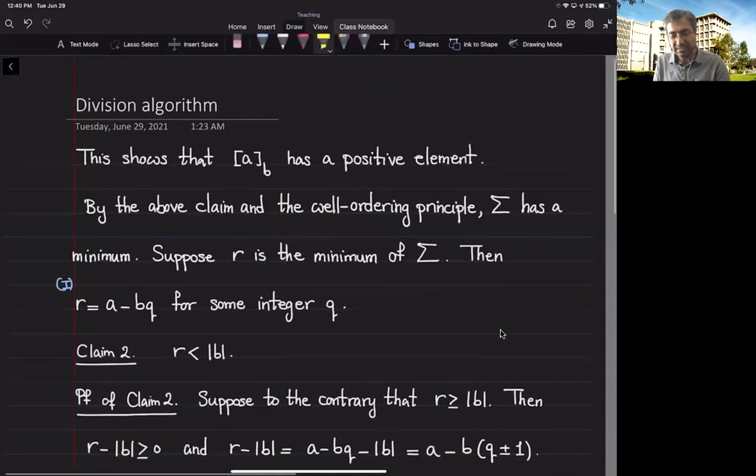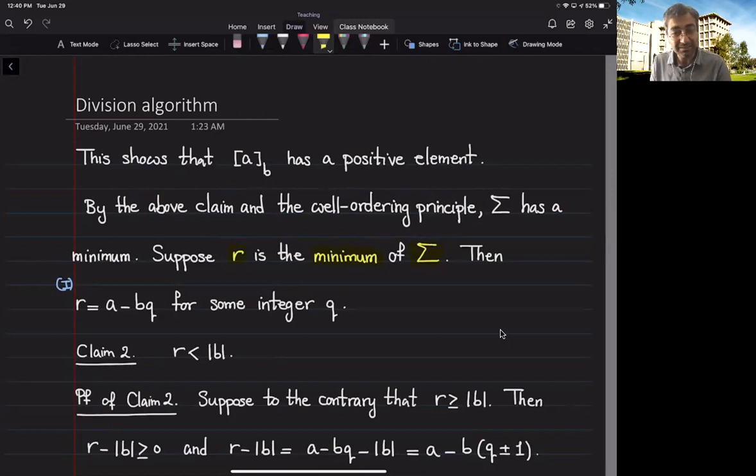Because sigma is not empty, by the well-ordering principle, it has a minimum. Suppose r is the minimum of this sigma, which means r is the smallest non-negative integer in the arithmetic progression that has elements of the form a plus or minus multiple of b.